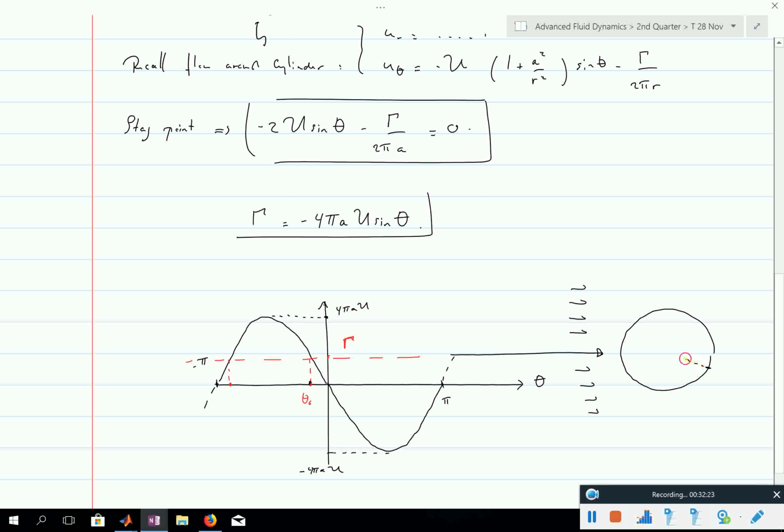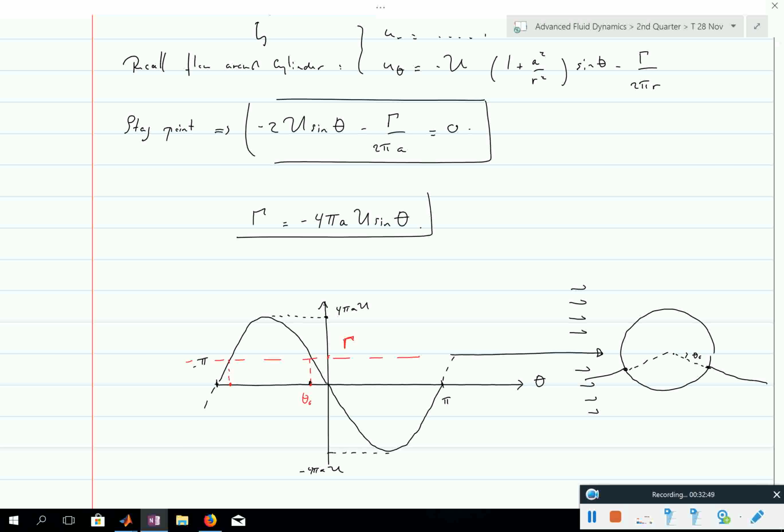This angle here is going to be my first solution, and then the other solution is the symmetric angle if you're starting from minus pi. So it's going to be this angle here. My second stagnation point is going to be there. And so that means that I have streamlines leaving from those stagnation points. And so my flow is going to look like this.